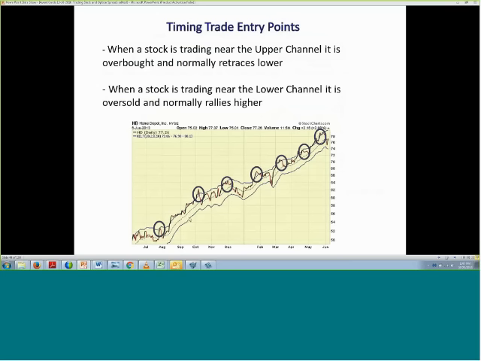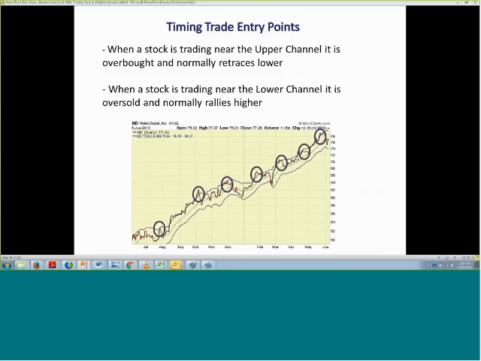So what I did is I circled the points where the stock was trading near the upper channel and getting overbought, and you can see each time that it got overbought, it retraced, overbought, retraced, overbought, retraced.